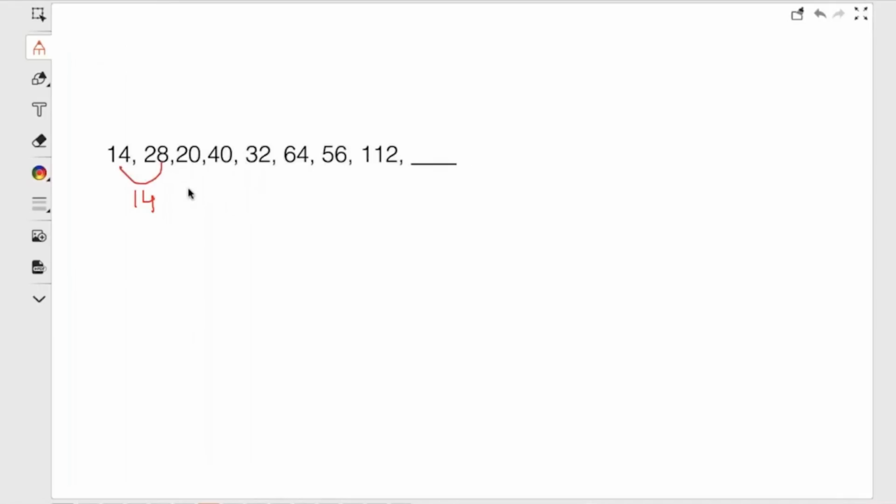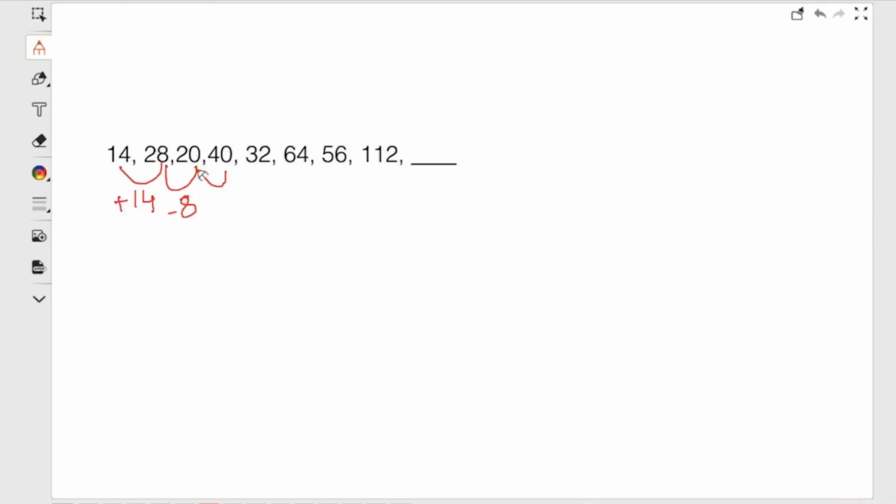The difference is 14. Then 28 and 20, there's a reduction here, so minus 8. Here we had plus 14. The number increased by 14.